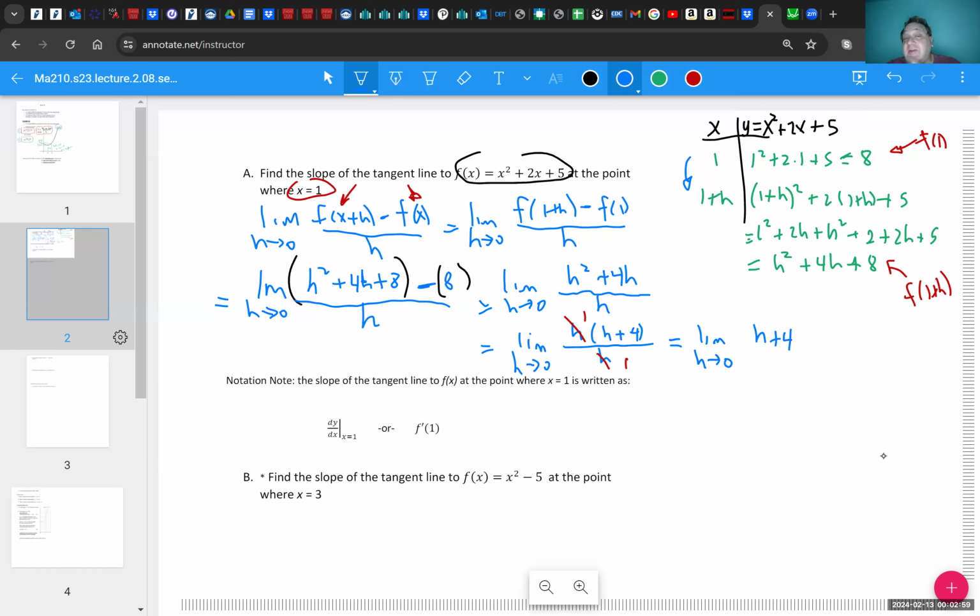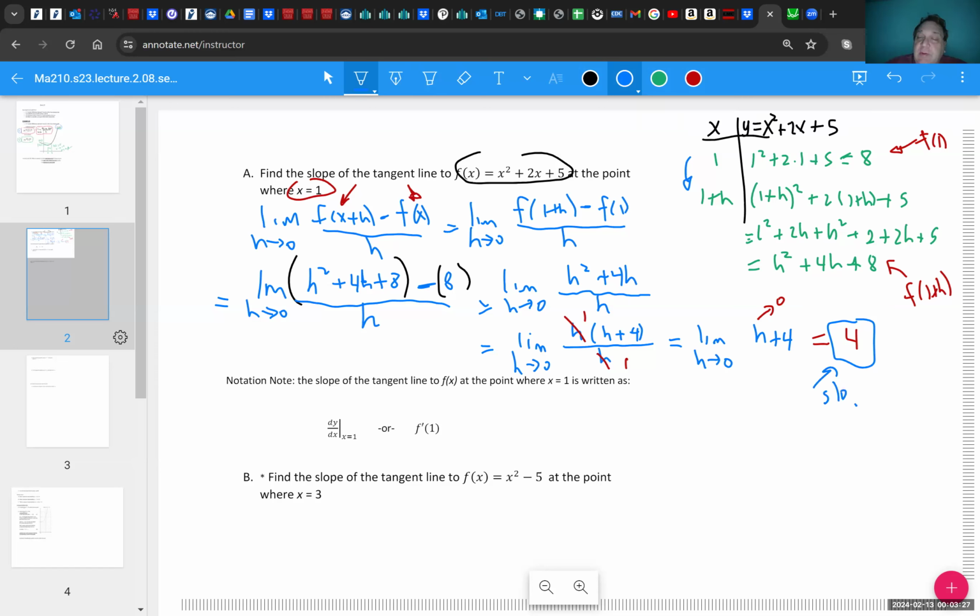Now, we know h is supposed to be infinitesimally close to 0. h is supposed to be like 0.0001 or 0.00001. So we have something here which is essentially infinitesimally close to 0 plus 4, and that has a value of 4. So 4 is the answer to the difference quotient, and that is right there.